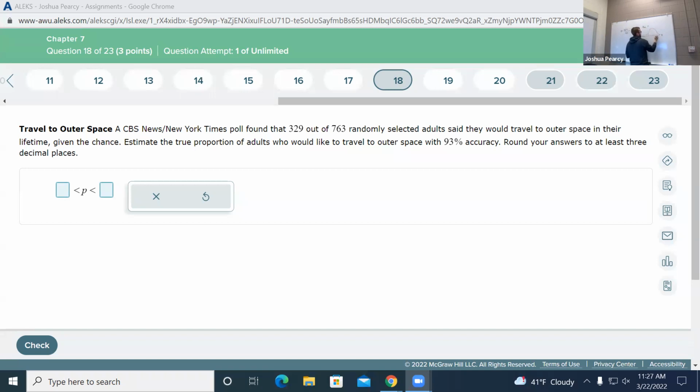The area in between these two is the confidence level of 93%. Why does it pick such a weird number? What's the area in the left tail? If we want 93% confidence, what is alpha? 0.07. So then this is 0.07 over 2. That means the area to the left of this negative z alpha over 2 value is 0.035.